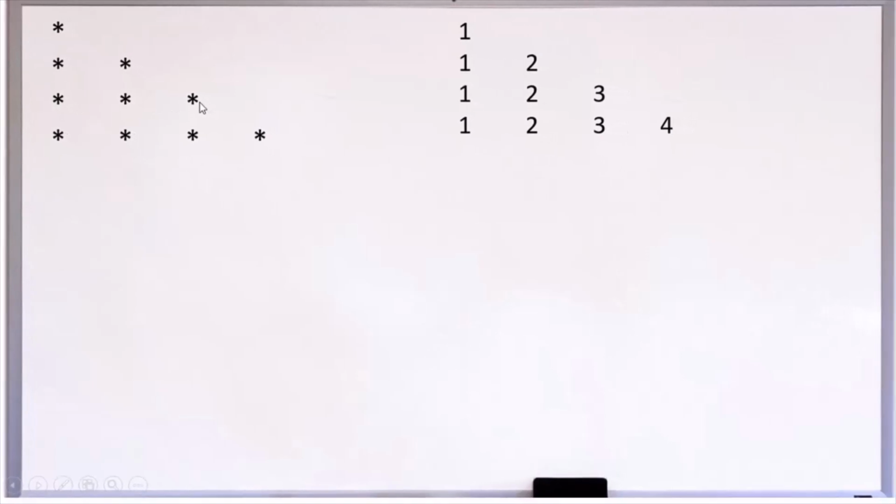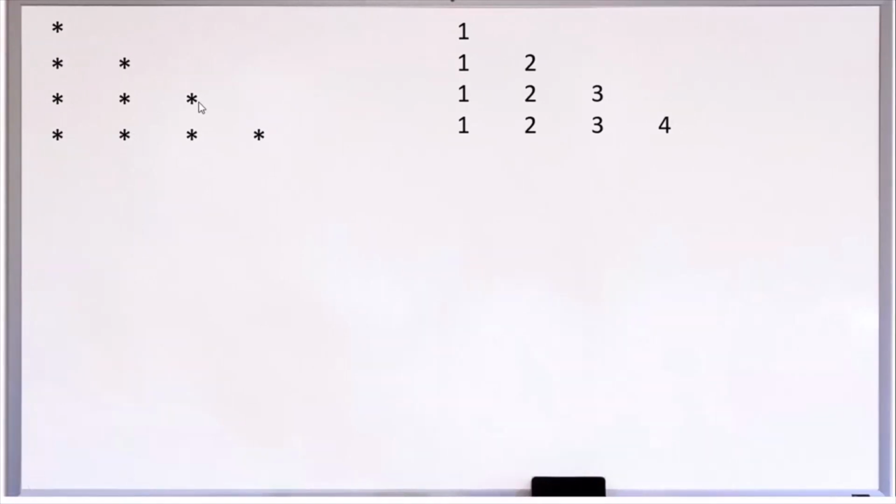Here the concept is that for the first row 1 item is there, for the second row 2, for the third 3, for the fourth row 4. So every time the column depends on the row. For this we have to design the logic for the nested loop so that the inner loop depends on the outer loop, right?